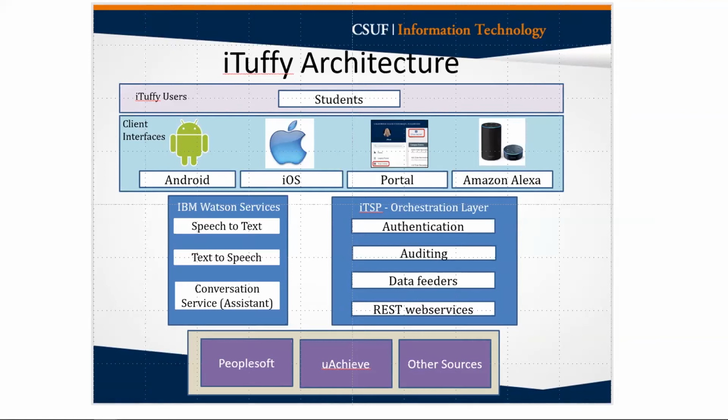So we have connections now to PeopleSoft, UAchieve, and other sources directly into the system. As we add more services to this architecture, we don't need to create a new system or a new chatbot. Those can all be the top, and any new services that come out, we can add to the bottom. The middle piece stays the same. We developed a middle piece, which is different than most things, to be flexible and deployable every day to any kind of platform.